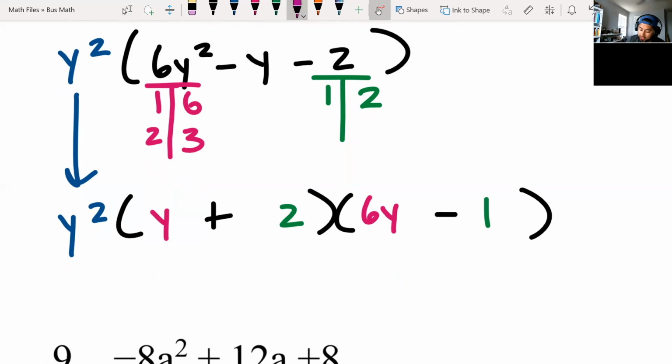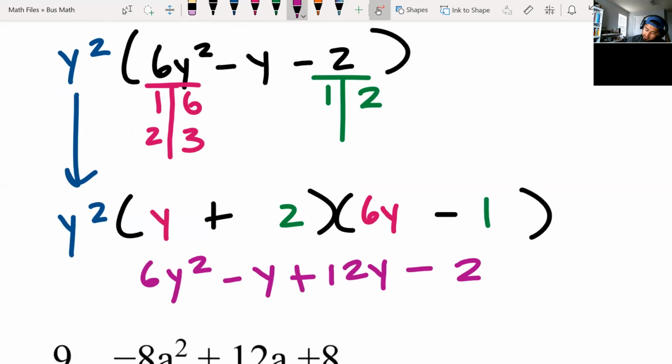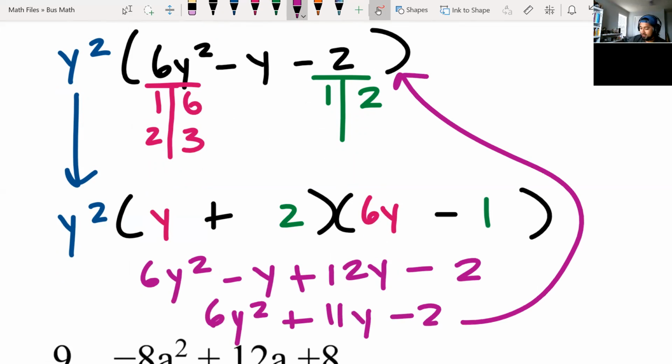Okay. Let's check. 6y squared minus y plus 12y. Oof. That'll give me plus 11y minus 2. Does this look like that one? No. All right. Well, one possible fix is to switch the numbers around, but do you guys think that'll work?